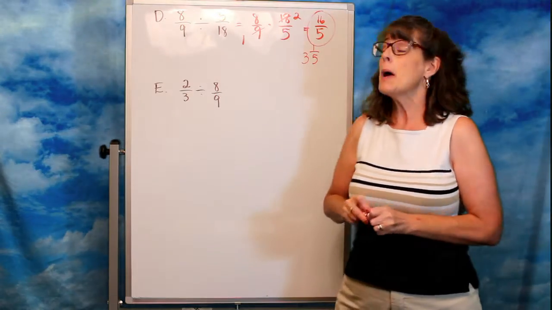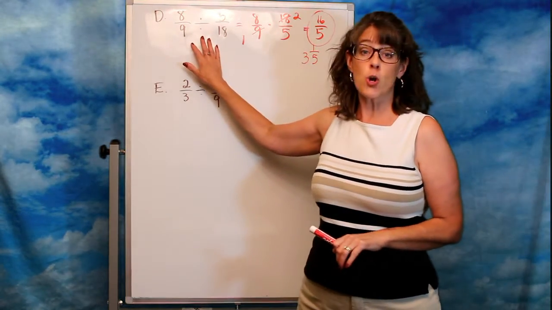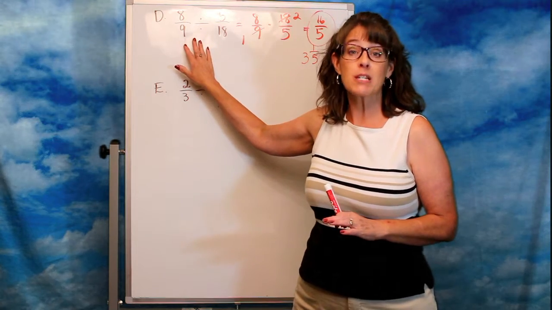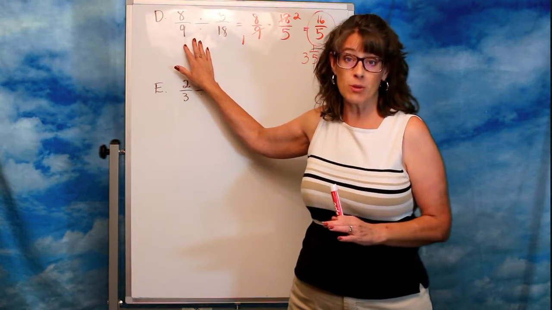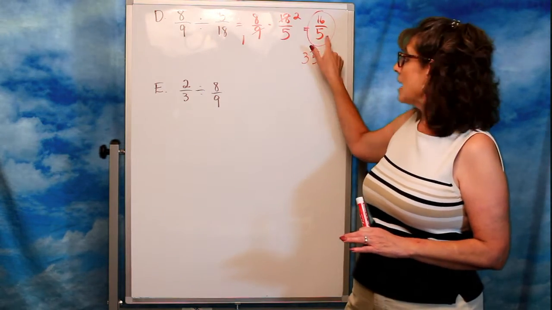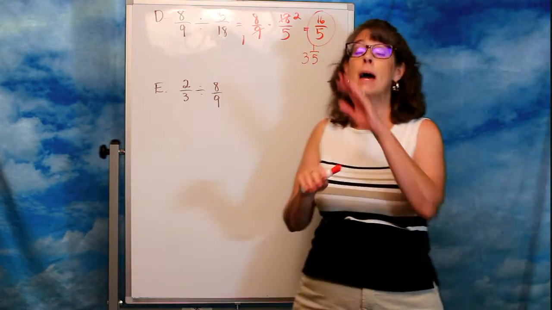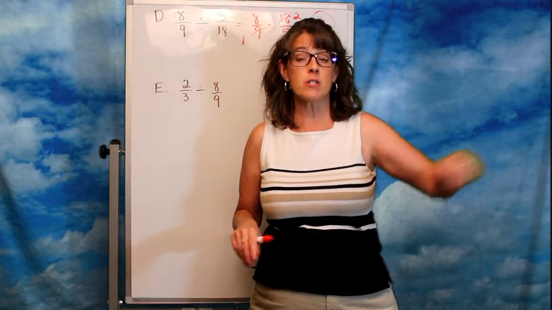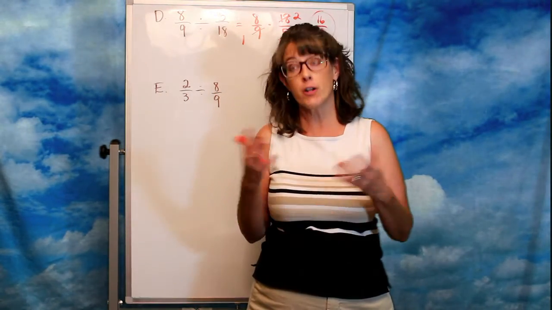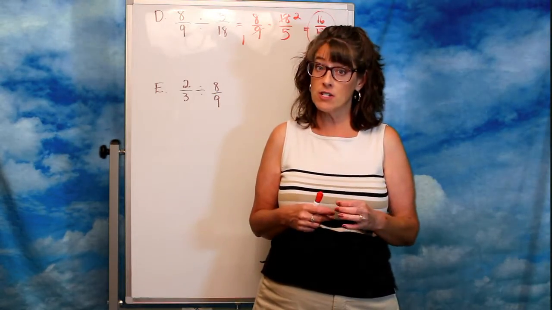But I did not start with mixed numbers, so I don't have to end with mixed numbers. This is something you can do if you want to, but I can leave it here. What you absolutely always have to do is simplify your fractions. Always, always, always see if they will simplify. In other words, reduce. That's a guarantee.